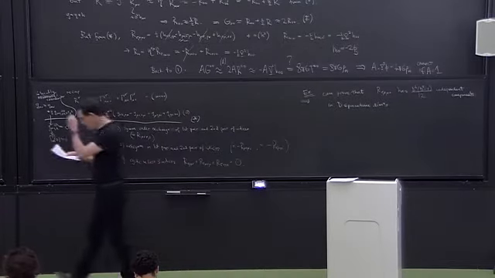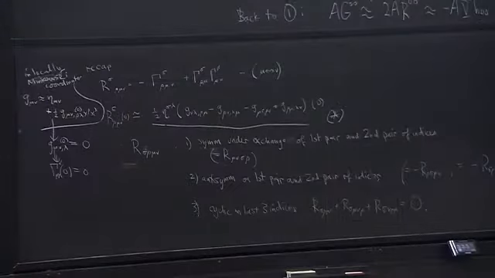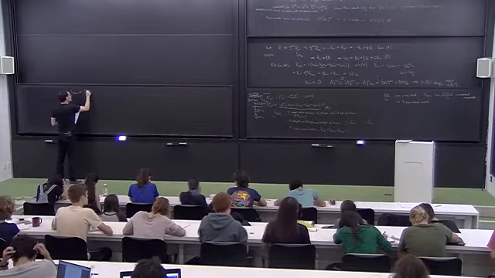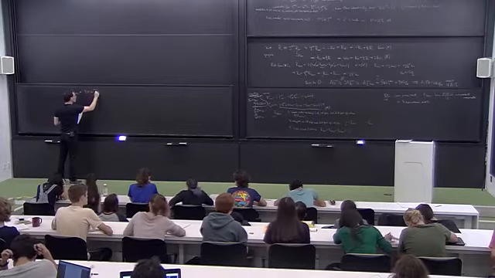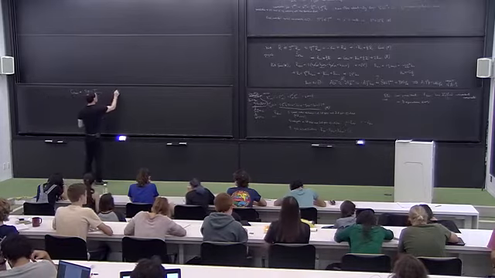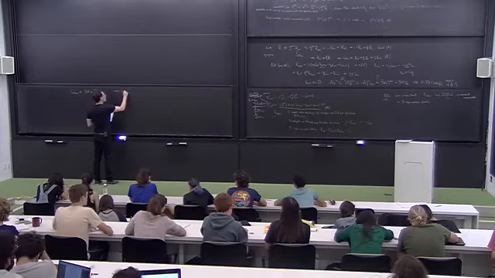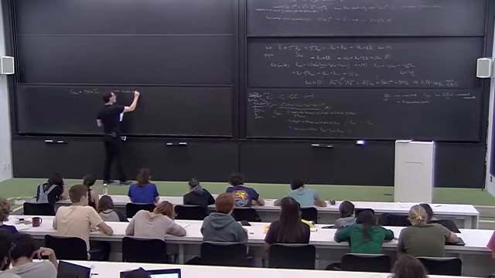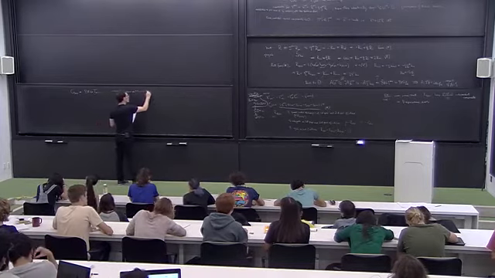Okay, so what we've shown is that this proposed Einstein equation, which is very easy to remember, 8 pi g T mu nu, this implies Poisson's equation in the Newtonian limit.